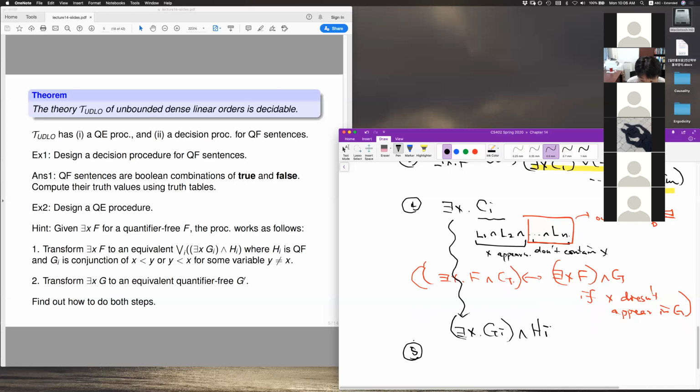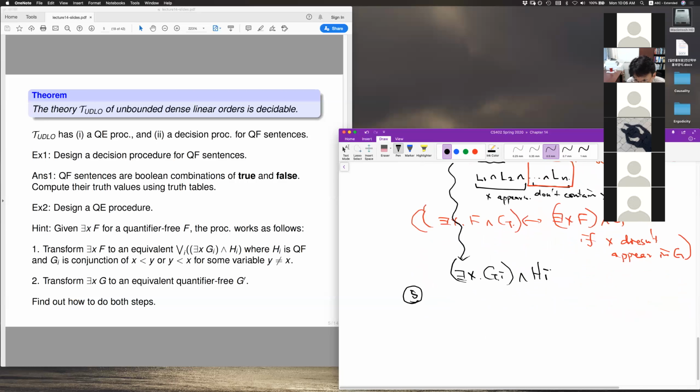One last step: if I look at GI, it will have something involving X on the left-hand side of the less than relation, something involving X on the right-hand side of the less than relation, and something involving X in the equality, left-hand side and right-hand side.